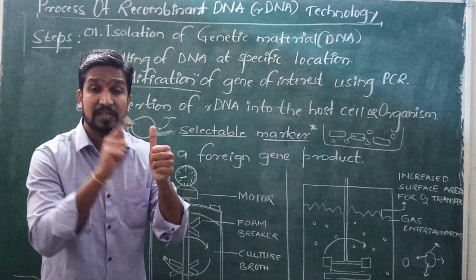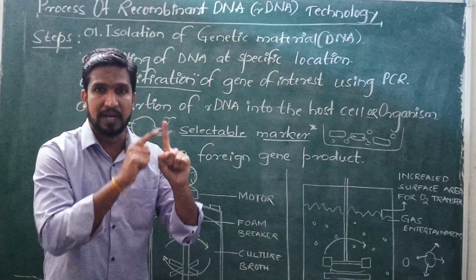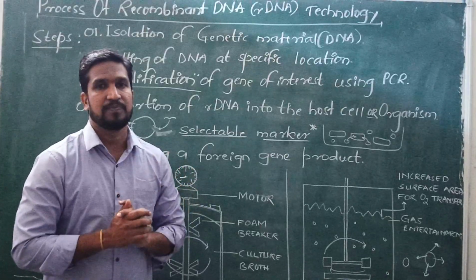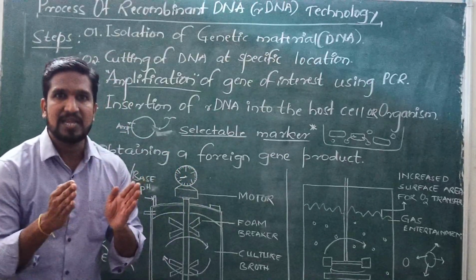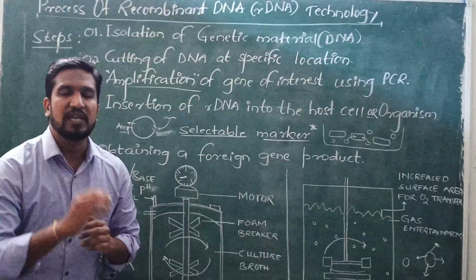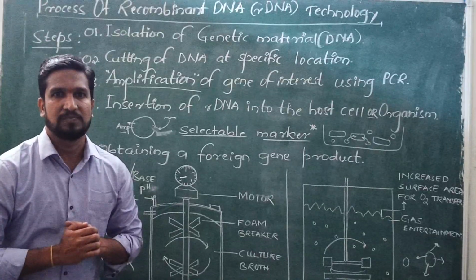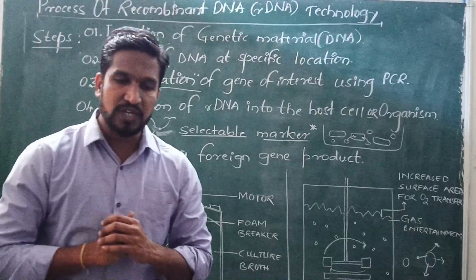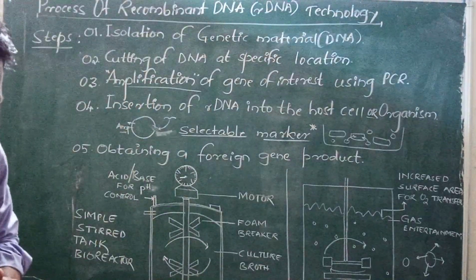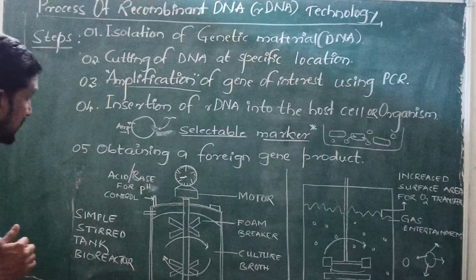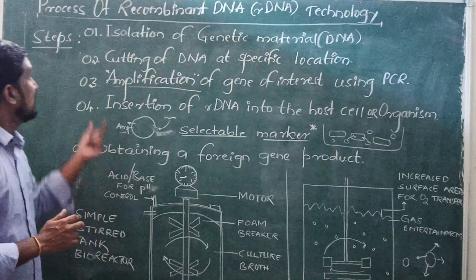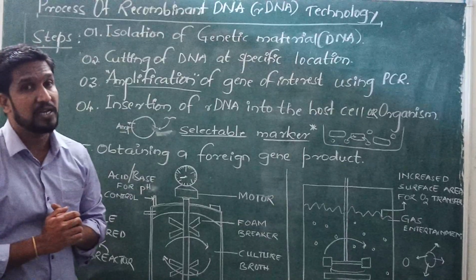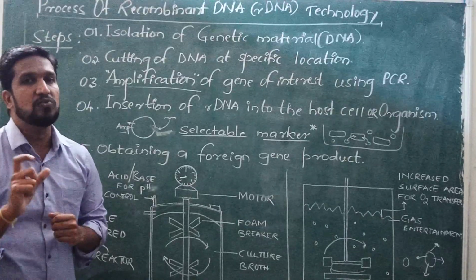Once again, I am telling you that the product should be separated. After separating, isolate it. Separating and isolating that product is said to be the downstream process itself. The last step of rDNA technology is the downstreaming process.